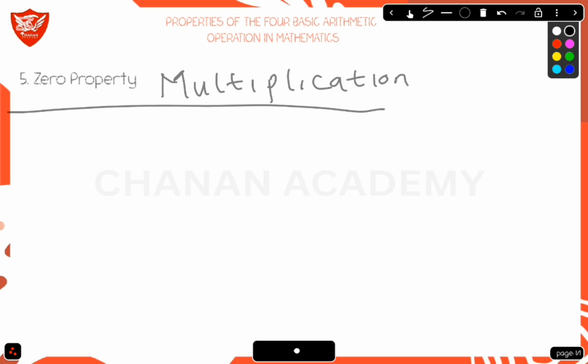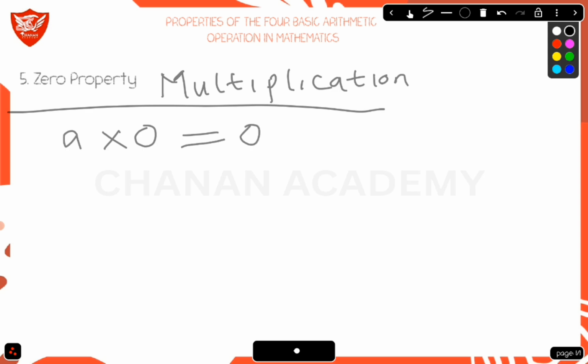So we'll talk about this. This property says any value or element multiplied by the number 0 will give you 0. Say for example, a multiplied by 0, the value will be 0.